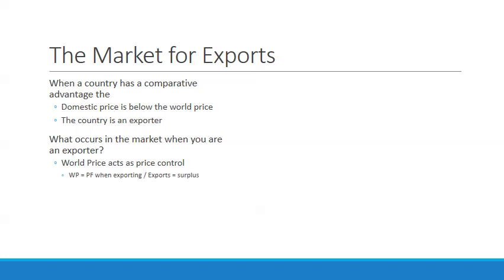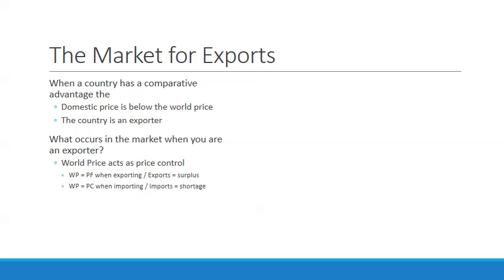So the world price equals a price floor when exporting. So you can think of exports as equaling surplus, which is exactly what's happening here: the firms can produce a surplus of the good that they are producing and then sell it overseas. So world price equals a price floor when exporting, and it makes exports look much like a surplus.